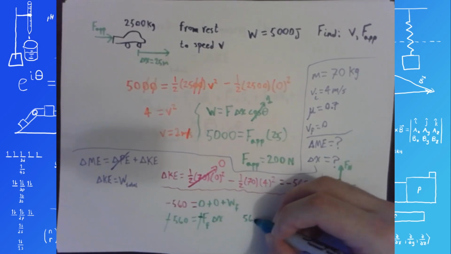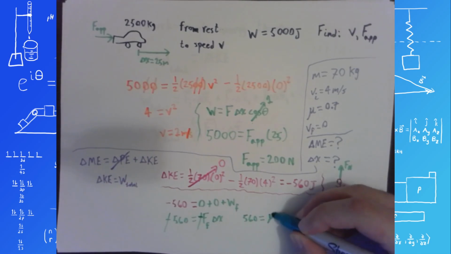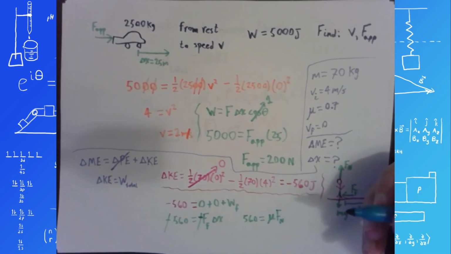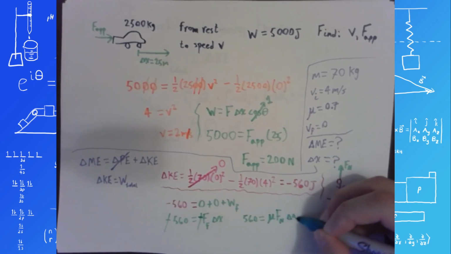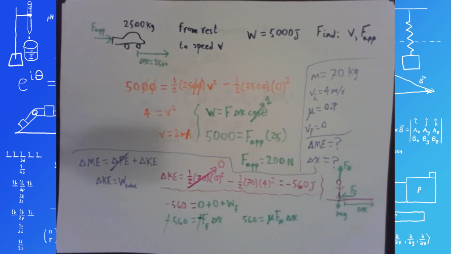So 560 equals the magnitude of the friction force times the displacement, while friction force is coefficient of friction times normal force. We know the coefficient of friction is 0.7. What is the normal force? Well, we know this person doesn't accelerate vertically just through common sense. We know they don't accelerate up or down, so their acceleration in the vertical direction is 0.